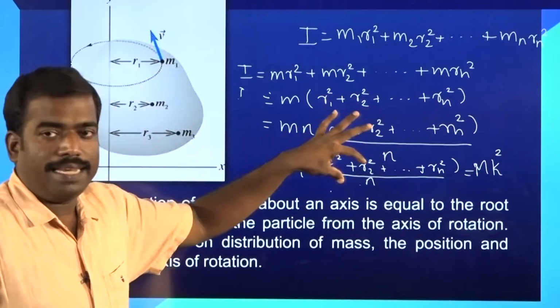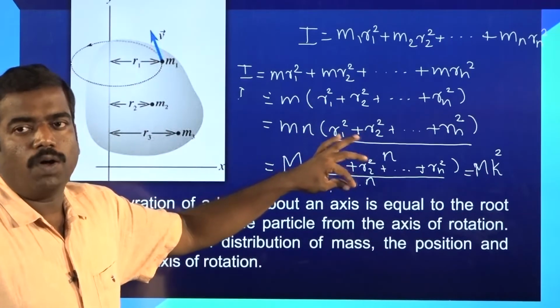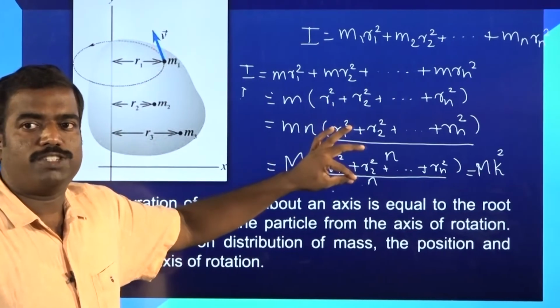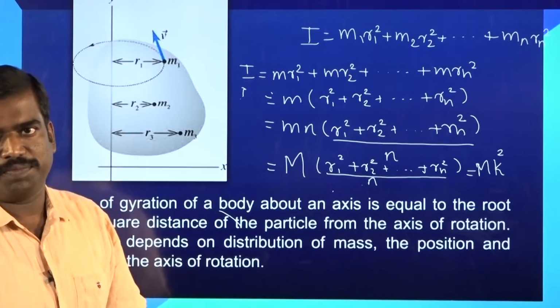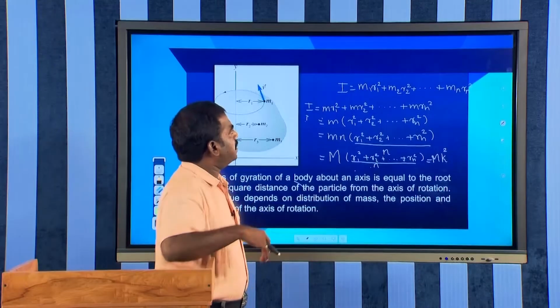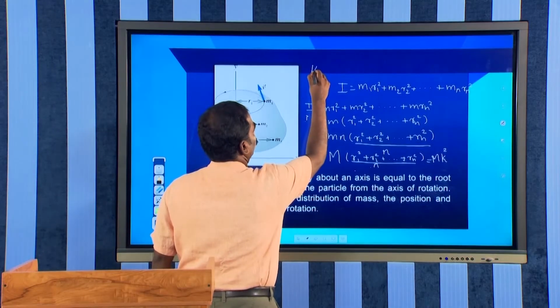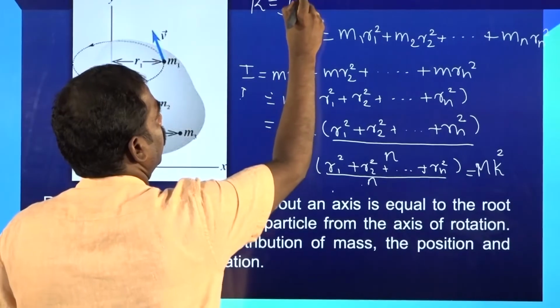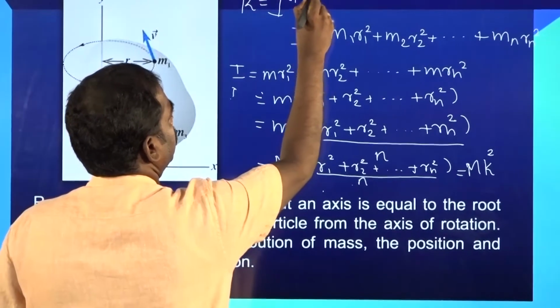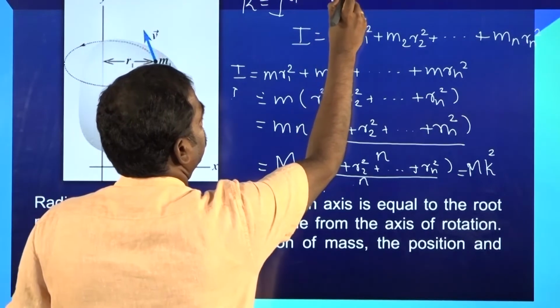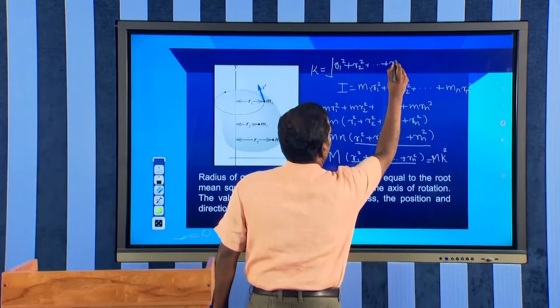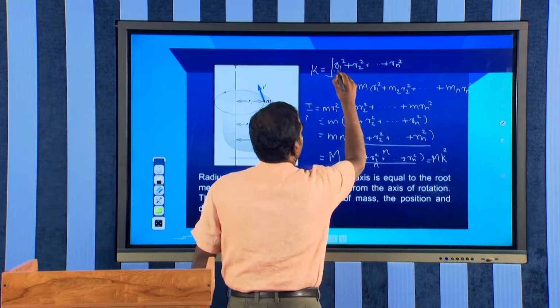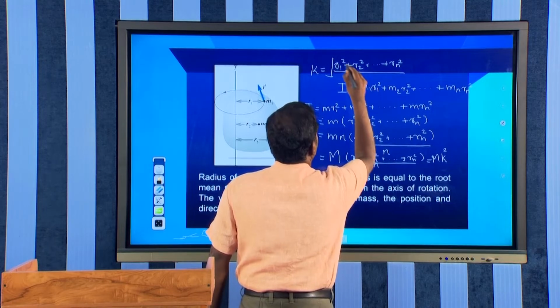What is this one? It is the arithmetic mean of the squares of the distance of the particle from the axis of rotation. So, what is k? k is given by the root of r1 square plus r2 square plus etc. plus rn square divided by n.